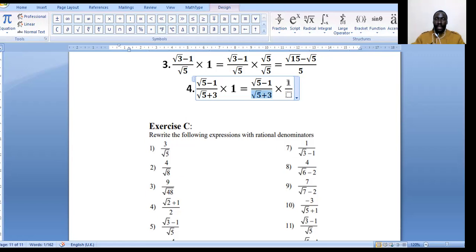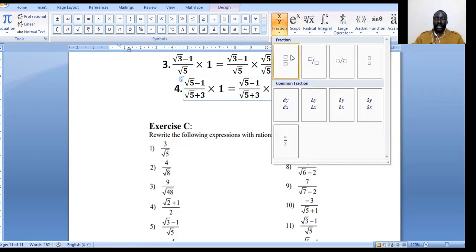Okay, let's just first copy the denominator and write them there. And also for this. Now notice that for this case, since there are two terms, this square root of 5 and 3, we change the sign in between the two so that we have something similar to difference of two squares, like that. Now that way, we can simplify it with a lot of ease.